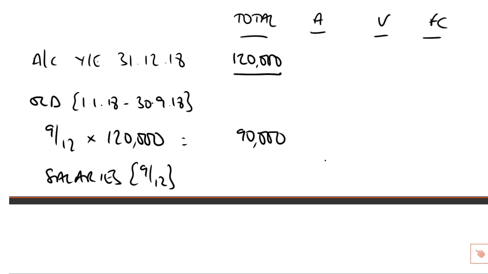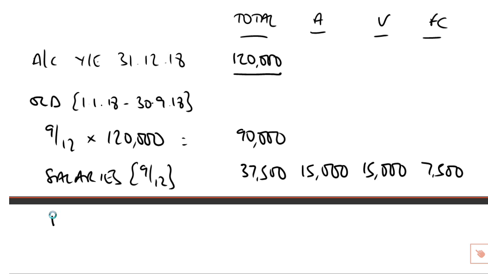So we want 9/12 of those salaries. 9/12 of £20,000 is £15,000, and that is true for both A and V. FC's annual salary was £10,000, 9/12 of that will be £7,500. So salaries credited here, 15 plus 15 plus 7.5 is £37,500.